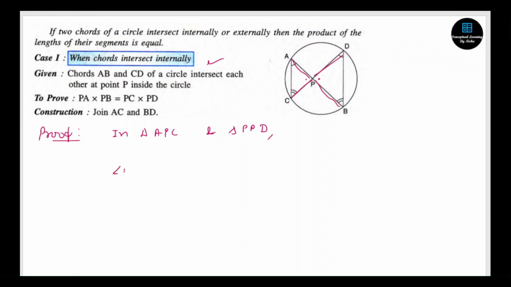So angle APC equals angle BPD, because they are vertically opposite angles. Now what can I say about this angle and this angle? Do you remember the trick in circles?